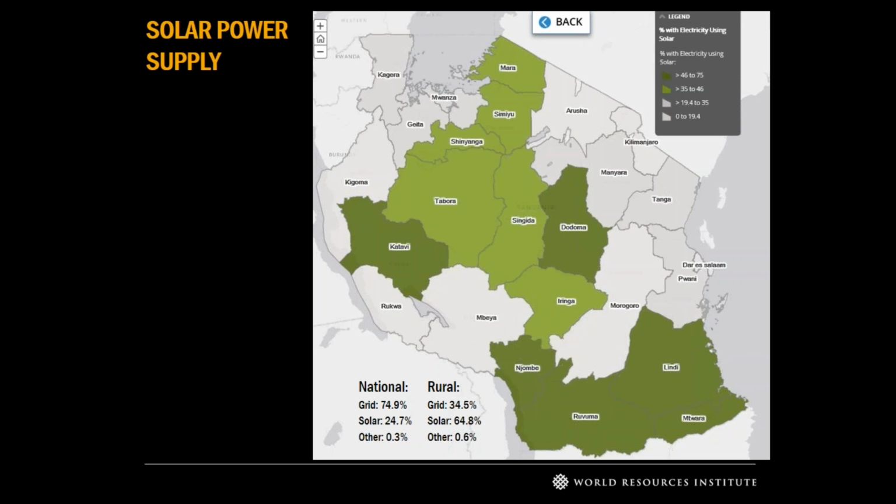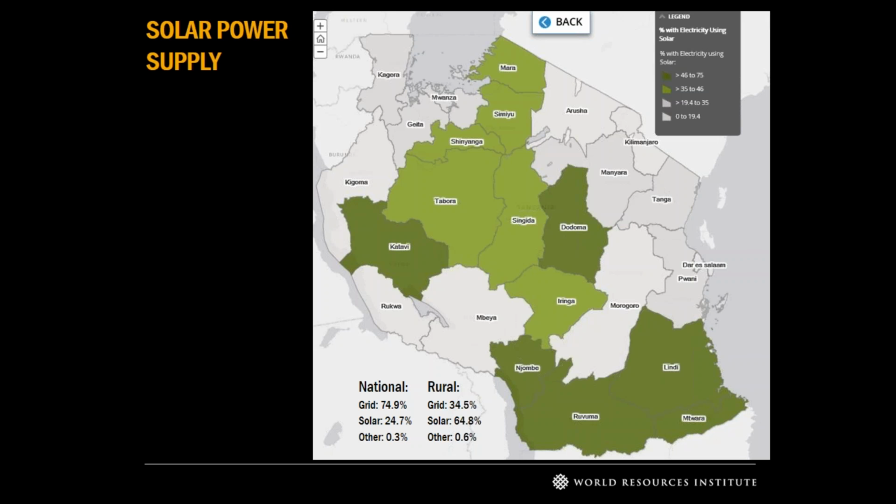Now, the startling statistic is the following, at the bottom of this slide. If a rural household has access to modern electricity, then 65% of those households have access via solar, and 35% via the TANESCO grid.